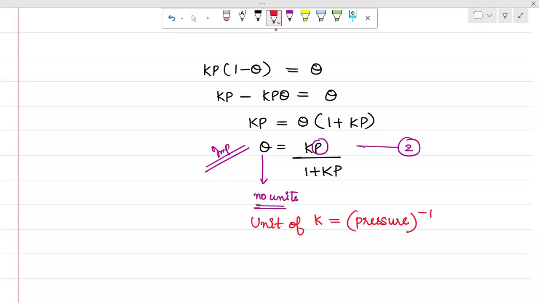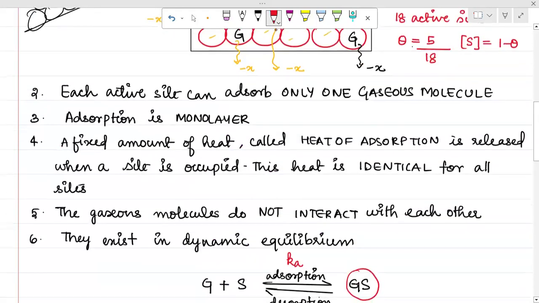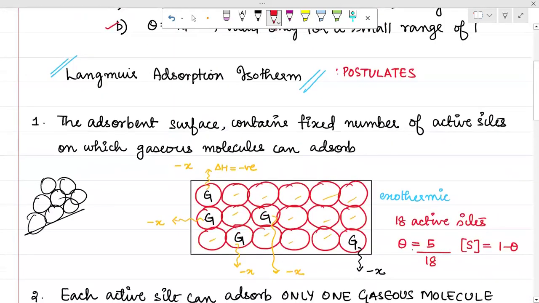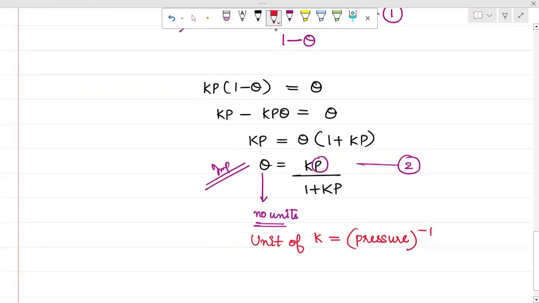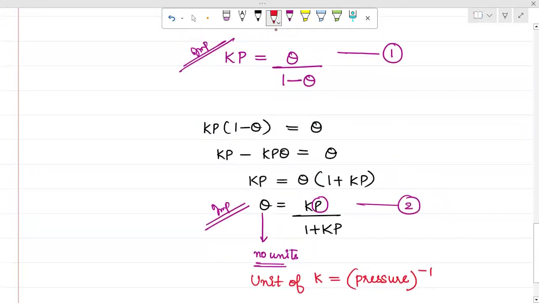So that's it. That's about the Langmuir adsorption isotherm. We discussed the different postulates, very easy ones, and two equations: Kp is equal to theta by 1 minus theta and theta is equal to Kp by 1 plus Kp. Now, based on this, let's come up with certain graphical representations.